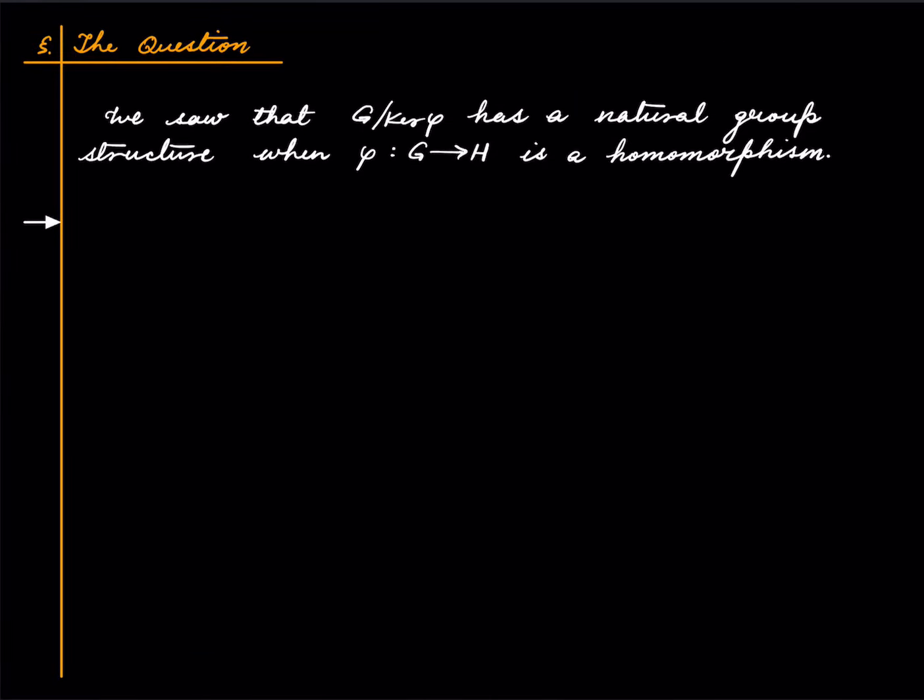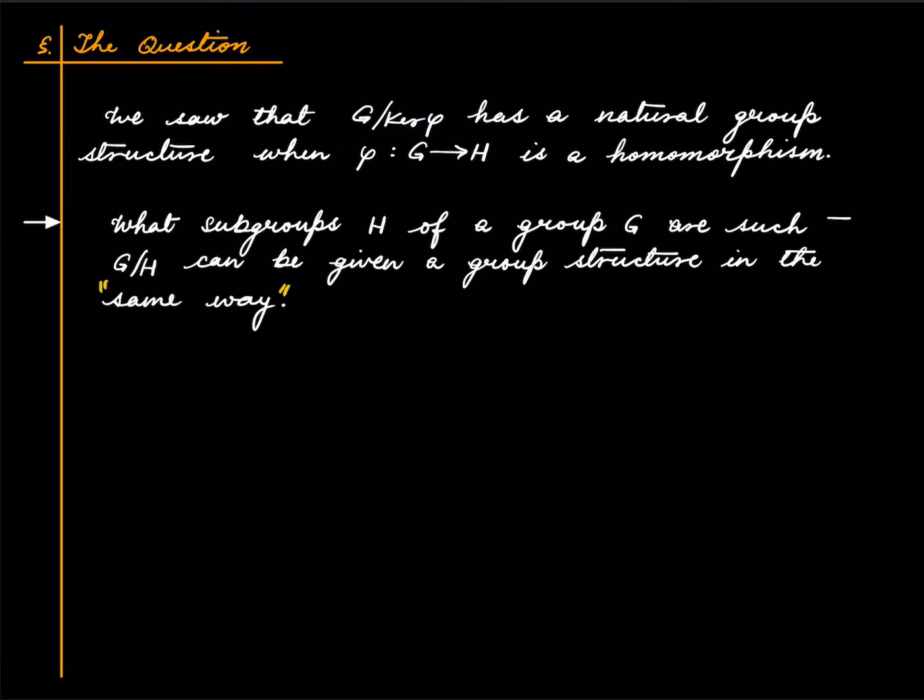So to repeat myself, we saw that G mod kernel phi can be given a natural group structure when phi is a group homomorphism. The question we are asking is, what subgroups H of the group G are such that G mod H can be given a group structure in the same way.